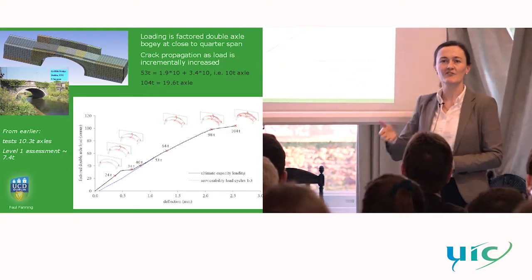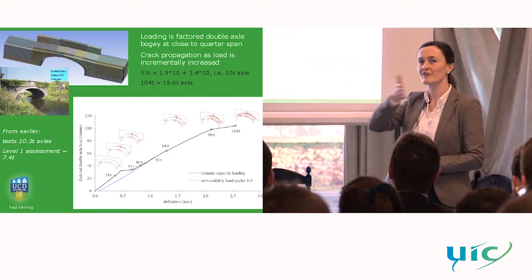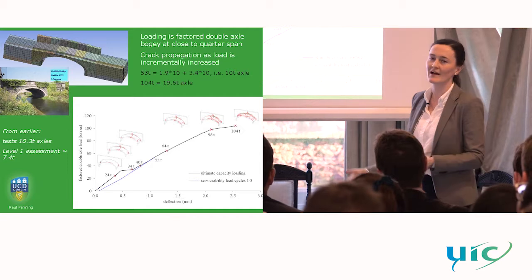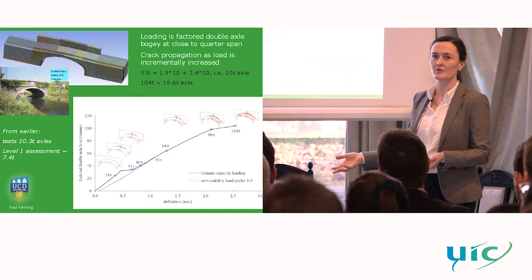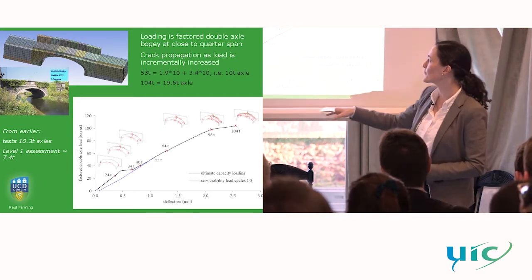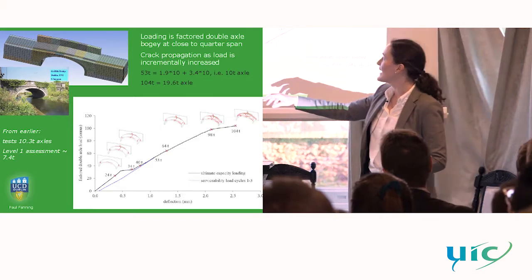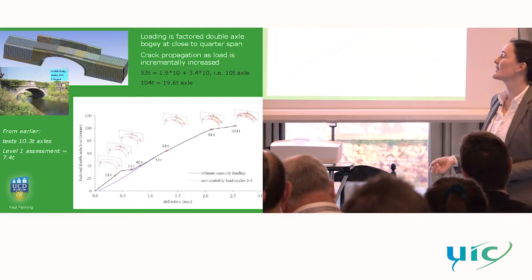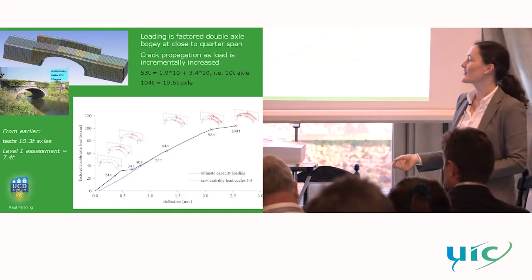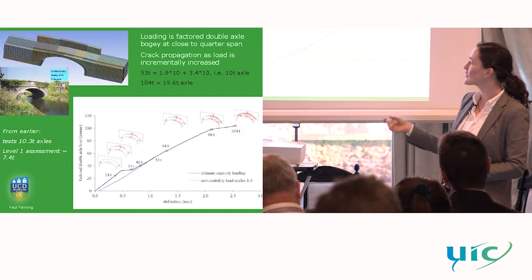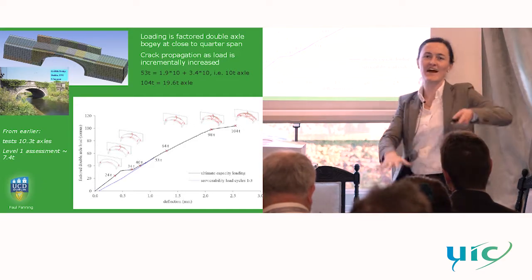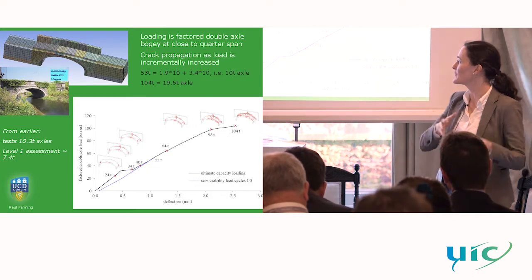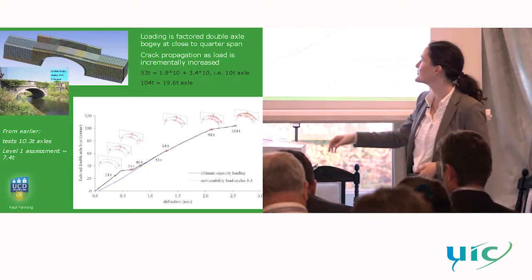We identified that by iteratively looking at the stresses as we moved the bogie along the bridge, and the most onerous positions invariably were in and around the quarter or third point for the bridges that we looked at. We then incrementally applied load at that location in 1 ton increments, factored as it has to be in the codes between a heavier weighting on one axle than the other.